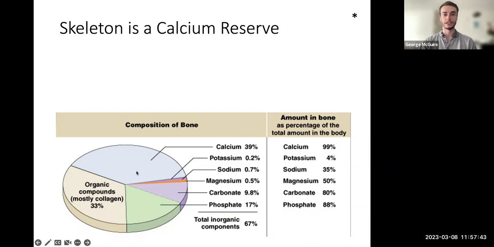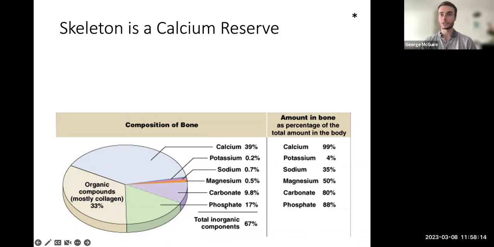If you look at the composition of bone here, and the percentage of each of these ions present in our body that is found in our bone, we can see that a lot of our minerals are being stored here. Calcium makes up 39% of your bone, and 99% of the calcium in your body is found in your bone. We have much smaller amounts for potassium, sodium, magnesium, and then some higher ones for carbonate and phosphate.